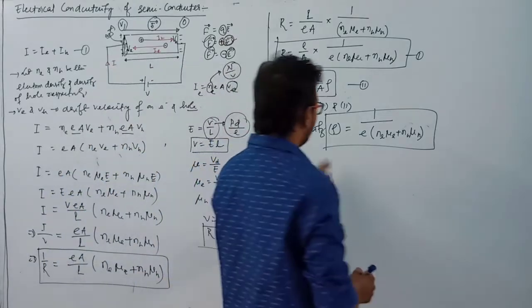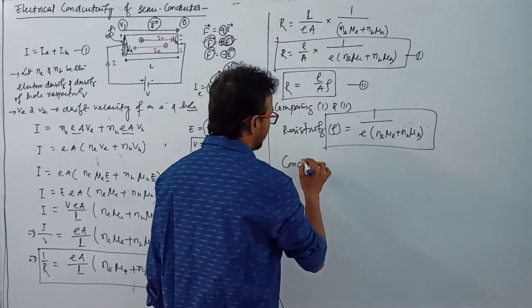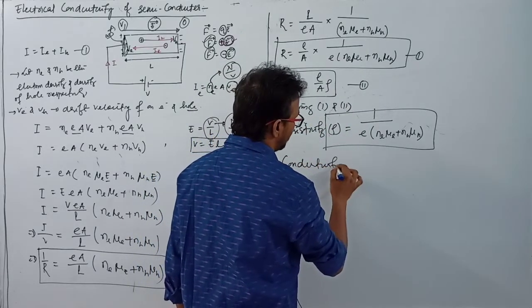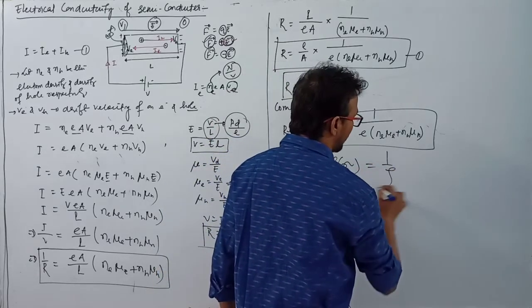Now if this is resistivity, you already know what conductivity is, so you can also find this material's conductivity sigma, and sigma equals 1 by rho.